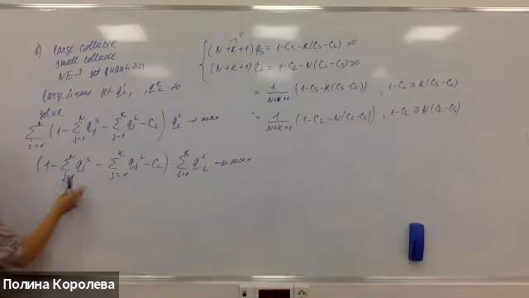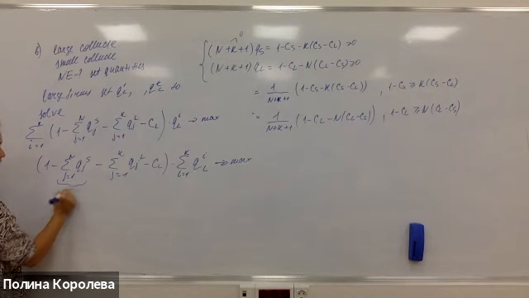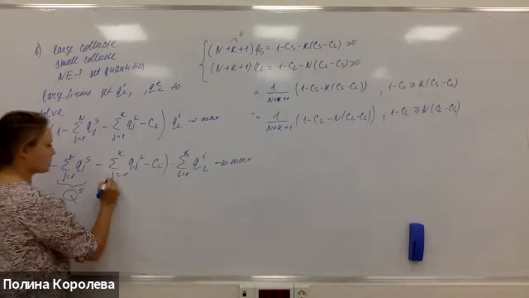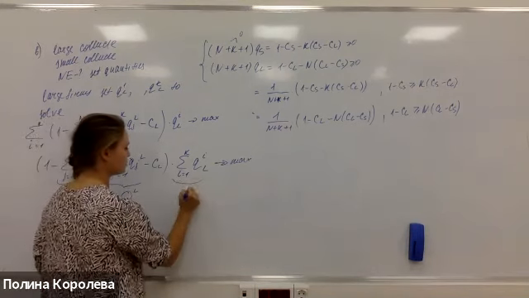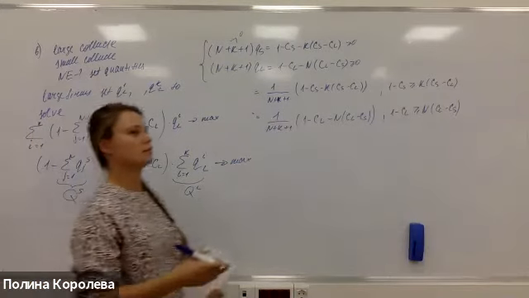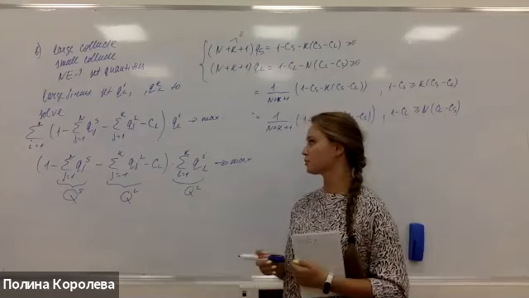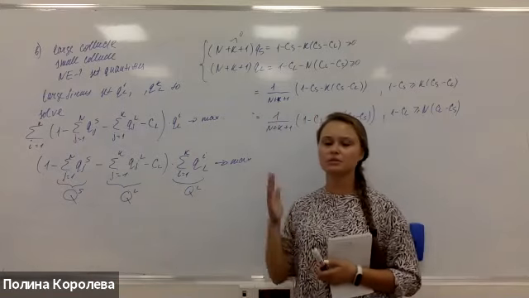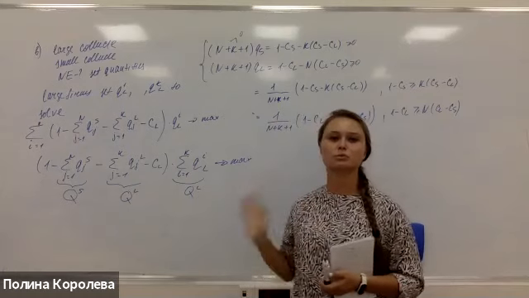So we can rename these sums. For example, let's say that the sum of quantities of small firms is Q capital for small, and this is Q capital for large. This is also Q capital for large. And when they set this big quantity for large firms, after that they will decide how much each firm will produce.